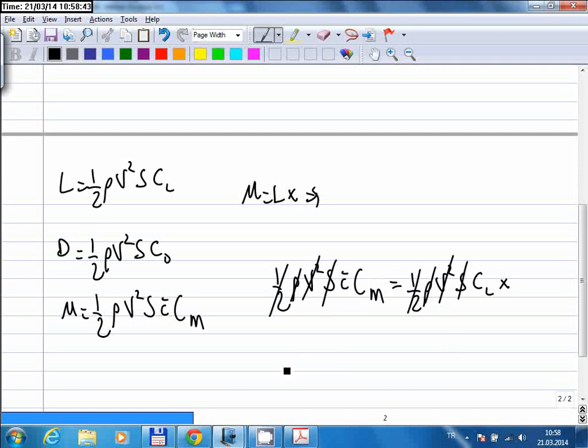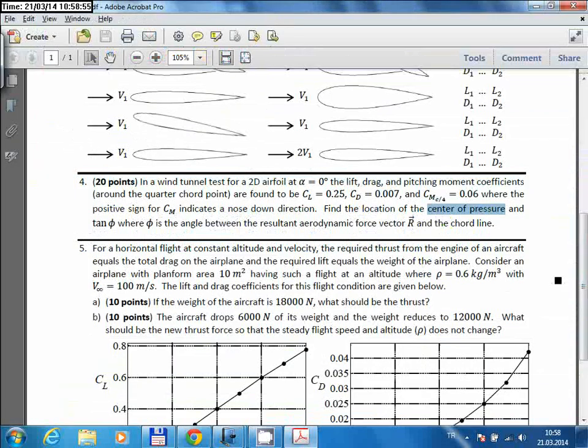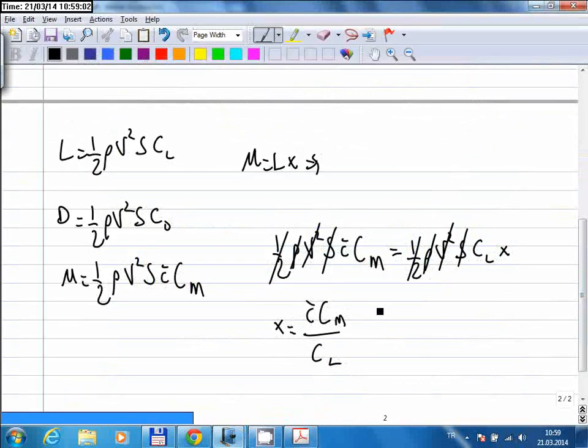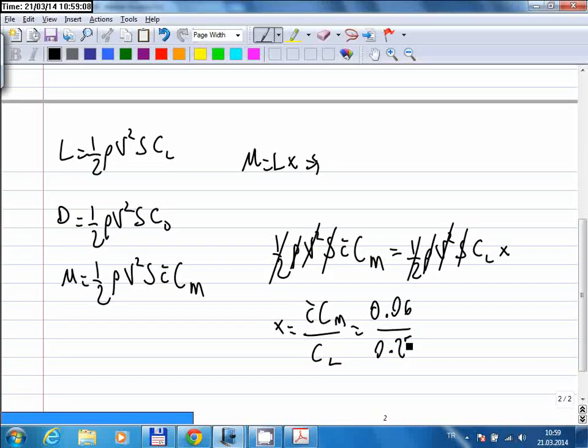So from here I can find X as C bar times Cm divided by Cl. And I know the values of Cm and Cl: Cm is 0.06 and Cl is that much, so X is 0.24 C bar.